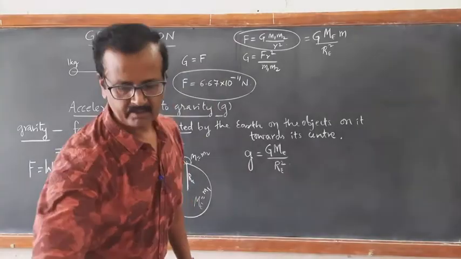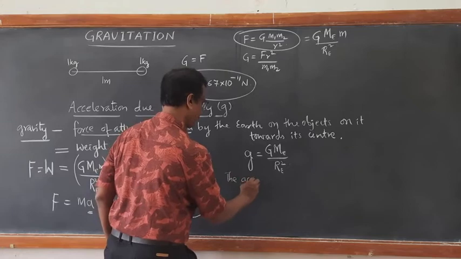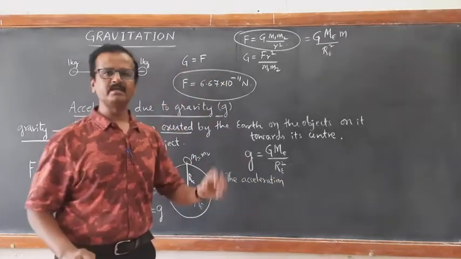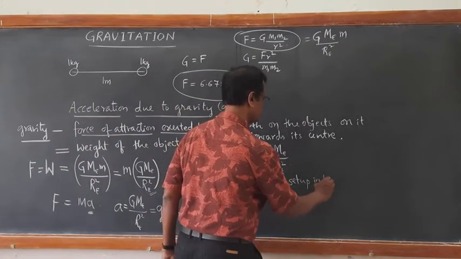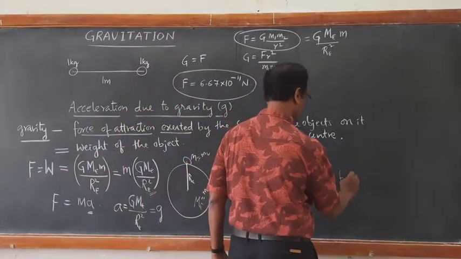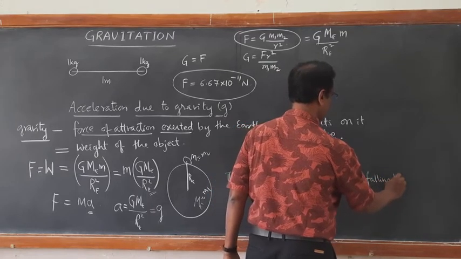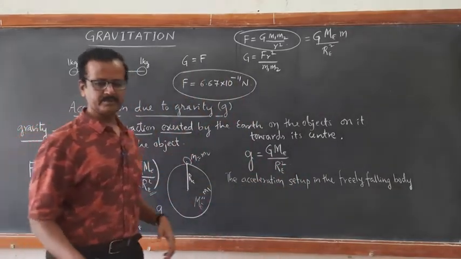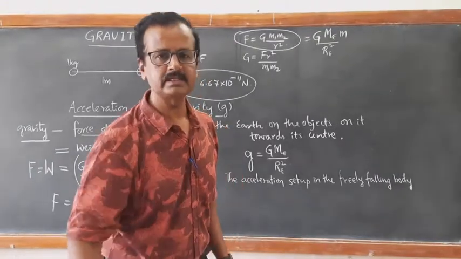So now we can define what is acceleration due to gravity. The acceleration set up in the freely falling body. Any object, when you leave it, accelerates towards the ground, towards the center of the earth.